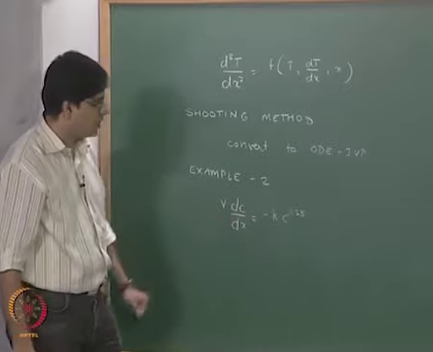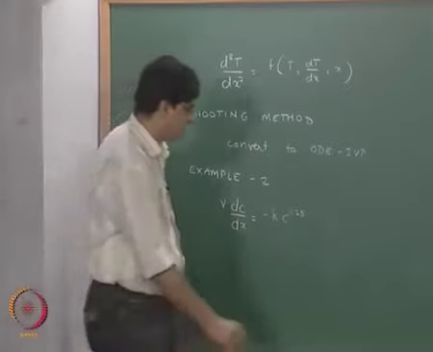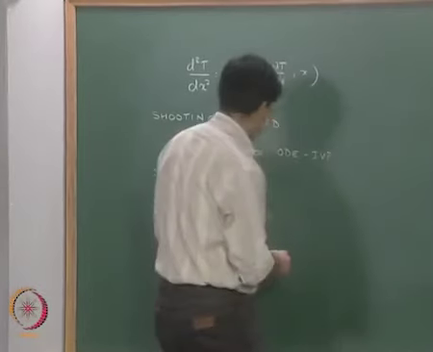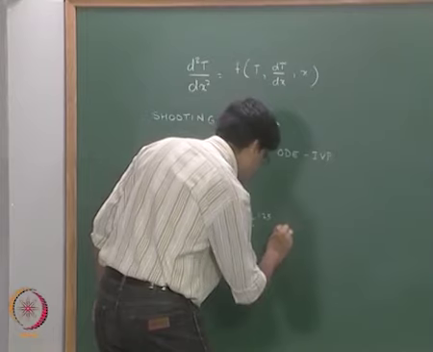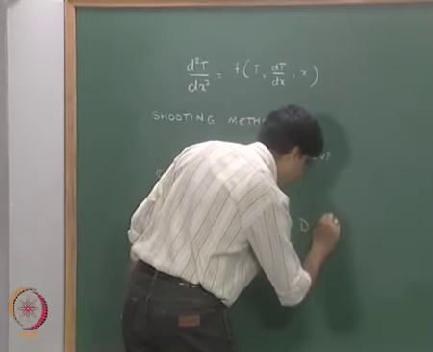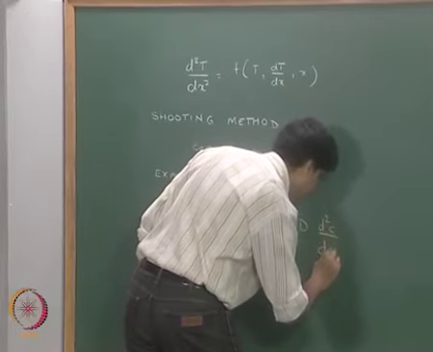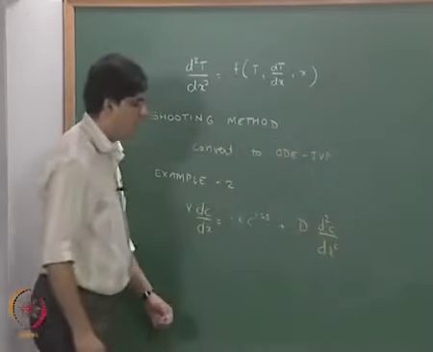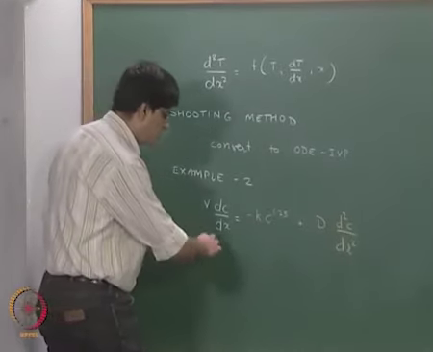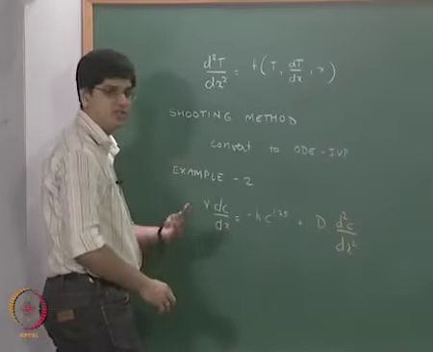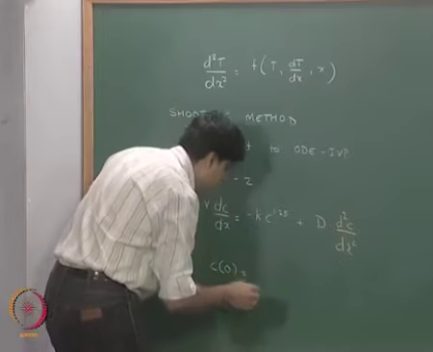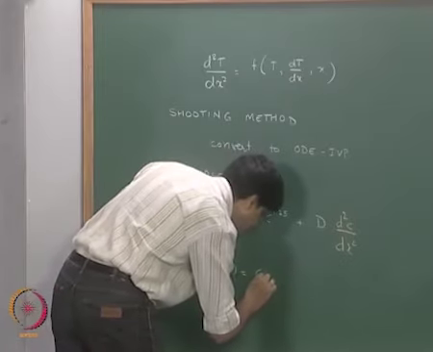Now this we can modify in the presence of axial dispersion. We will have another term which corresponds to the axial dispersion, and that term will be of the form D, which is the dispersion coefficient, multiplied by d squared C by dx squared. The original initial value problem was what I have written in white, with the initial condition C at 0 equal to some value C0.